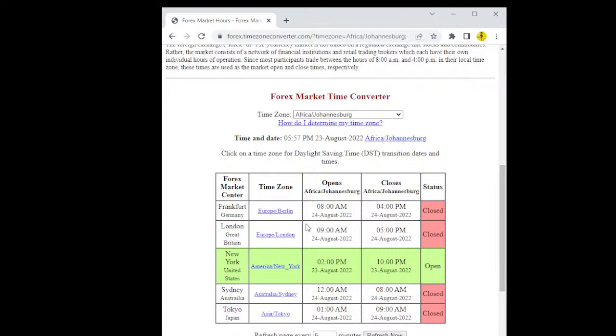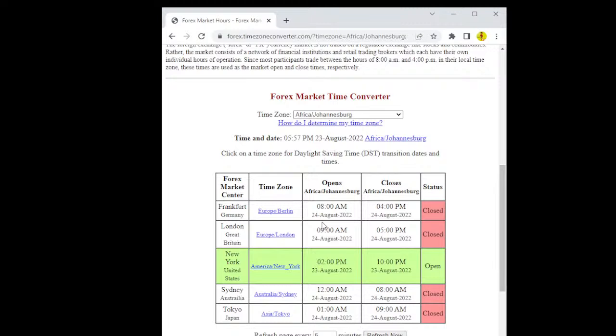So in the London session, you can expect currencies with a GBP prefix or a Euro prefix, like GBP USD, Euro USD, GBP whatever, and then sometimes JPY pairs.